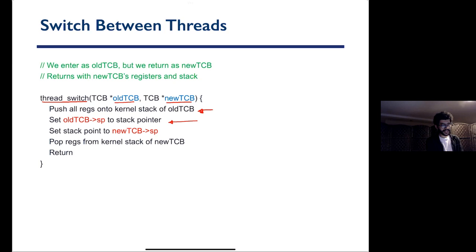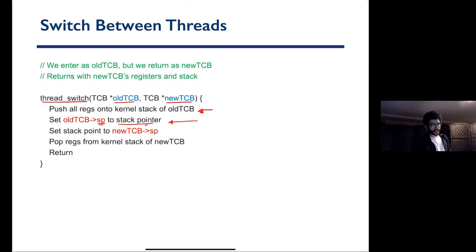It potentially has a field called SP. This is a data structure that the kernel is keeping for each thread. Now that we want to context switch, the kernel wants to remember where the kernel stack of this thread was. So it saves the SP, this register, into memory, in our TCB.